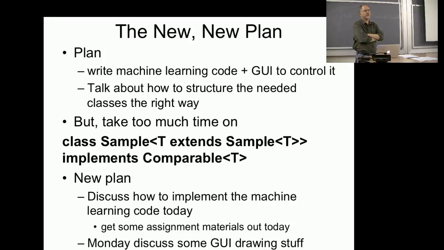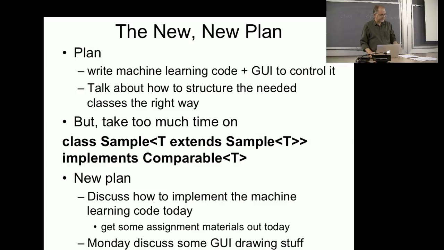So I'll have a sort of fake assignment out today. This is one of those optional partner assignments, and it'll be nice to get started on that process. There's some code to download, some stuff you can write over the weekend if you want to get going. But the main thing is the rest of it's coming out on Monday with more of a graphical interface part. So let's talk about it, and then we'll see if there are any questions at the end of class about how this is all going to unravel.